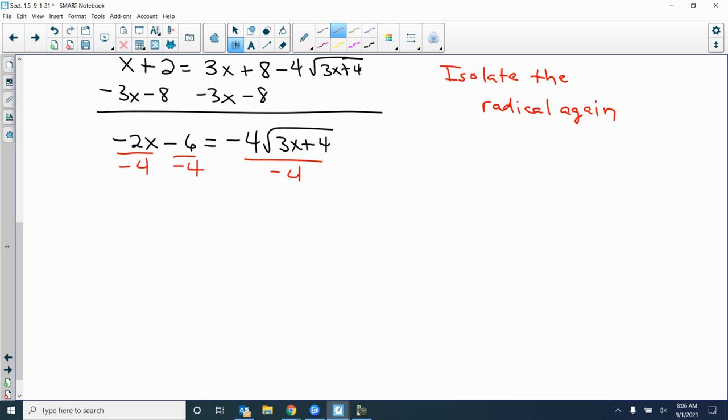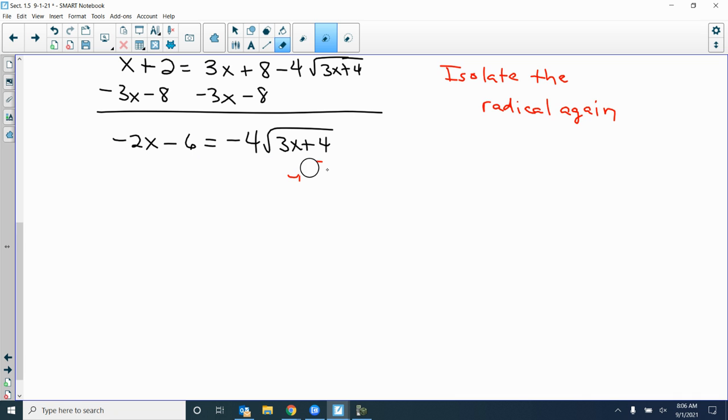If dividing will give me a fraction, I'm not going to divide by negative 4. If it would give me whole numbers, say that was a 2, and I would get x minus 3, then things are nice. I don't want to deal with all the fractions, so I'm going to leave it over there. If you divide and it gives you whole numbers, I would do it.